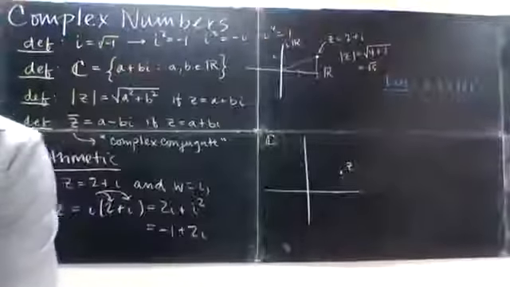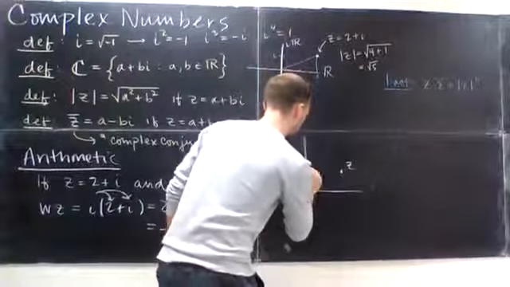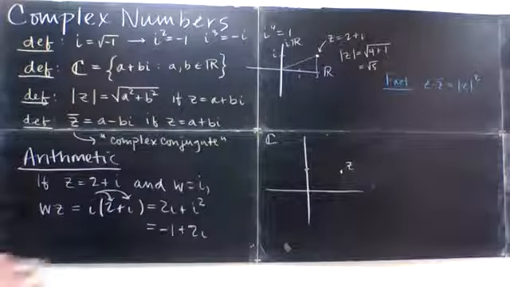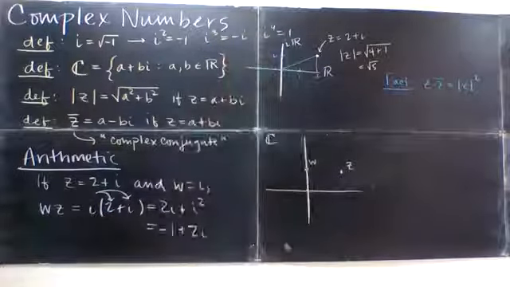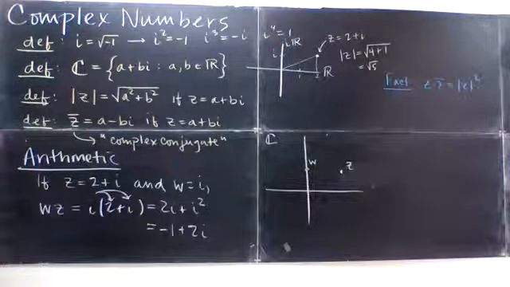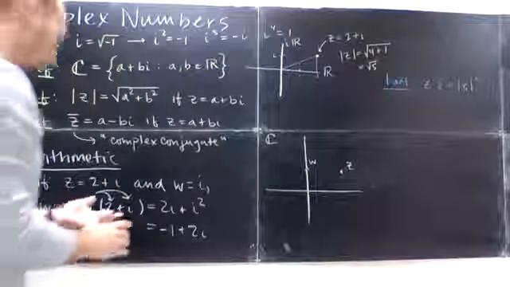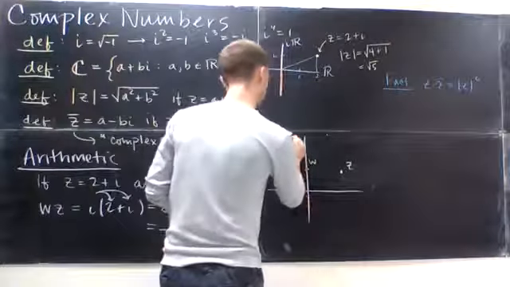So maybe I'll use green for that one. And then when I multiplied them, I'll label that also. I got -1 plus 2i.